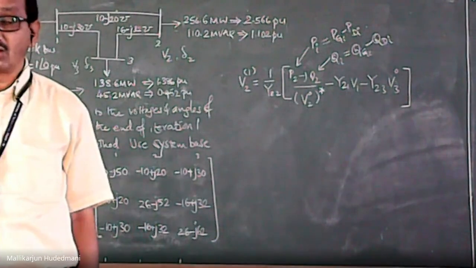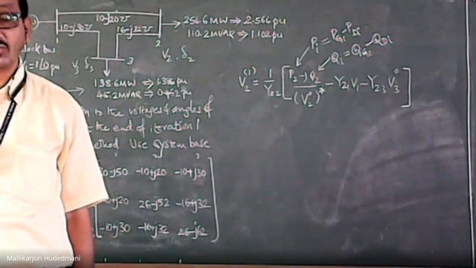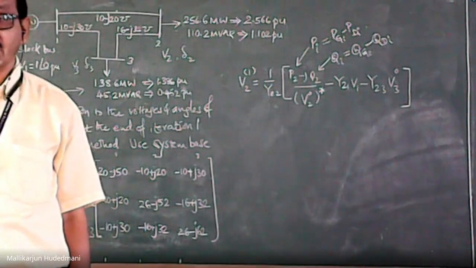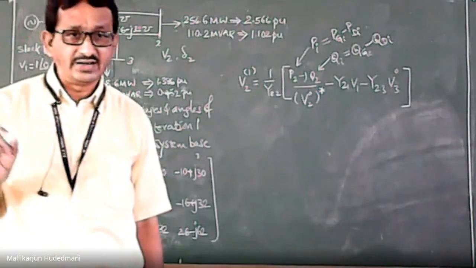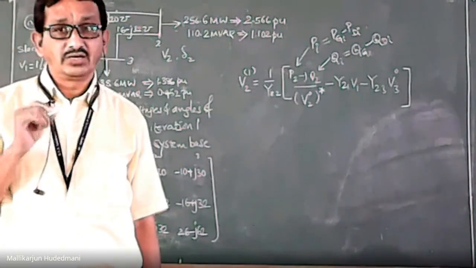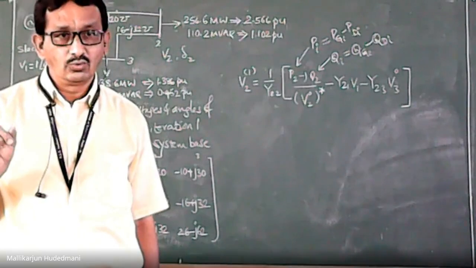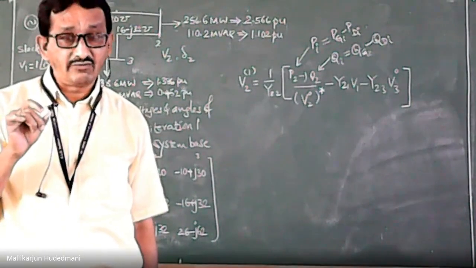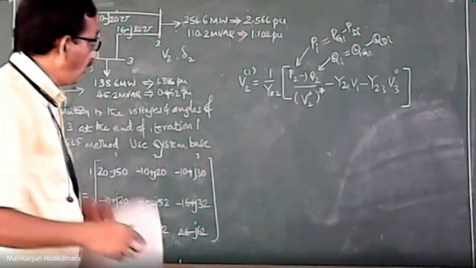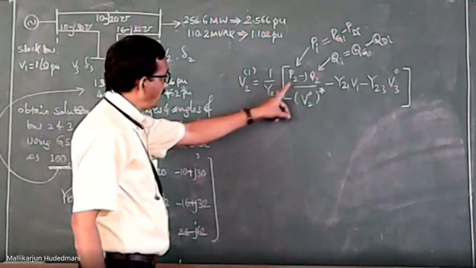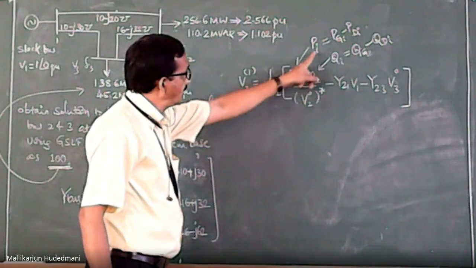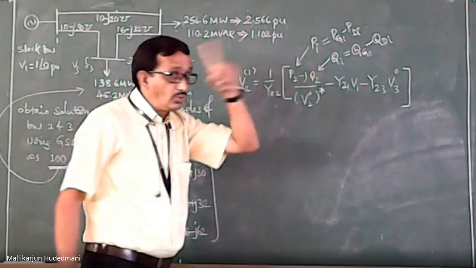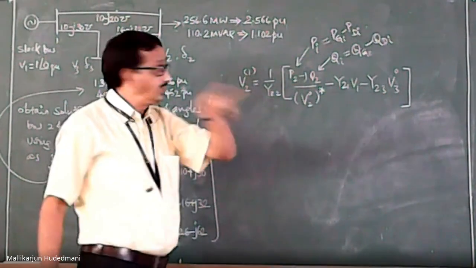In the previous problem, I had not been given any generation or demand. Simply I had been given Pi and Qi, which I readily dragged and dropped. But here it is not so. You have to be very careful about understanding the situation of active power at bus 2 and reactive power at bus 2. Pi was given to you in the previous problem, but here Pi is not given.